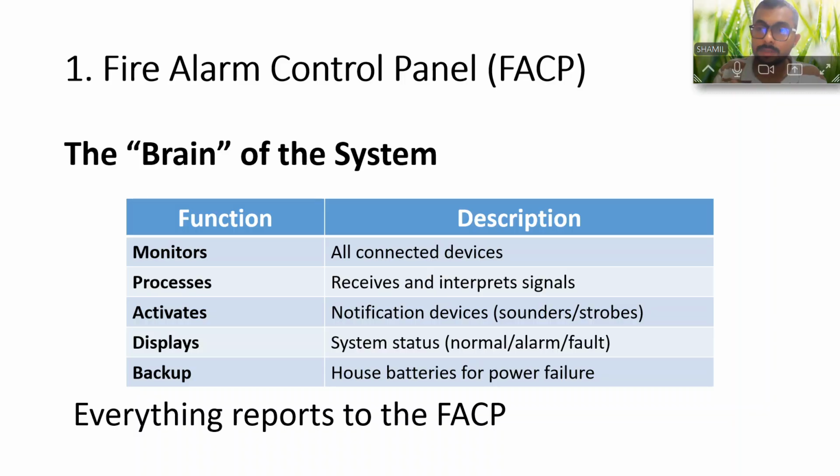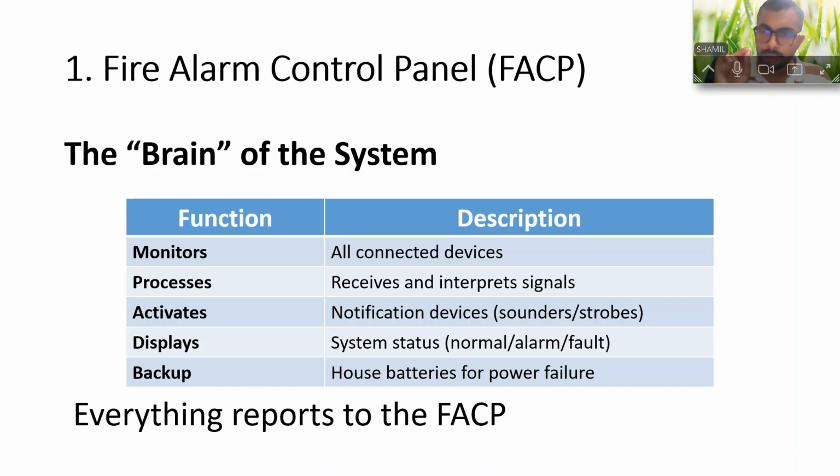And the last one is related to backup. Now, what does backup mean? The fire alarm control panel will be operating on the normal 230 volt AC power supply. In case there is a power failure, the panel will operate on batteries. So backup here is in terms of power.